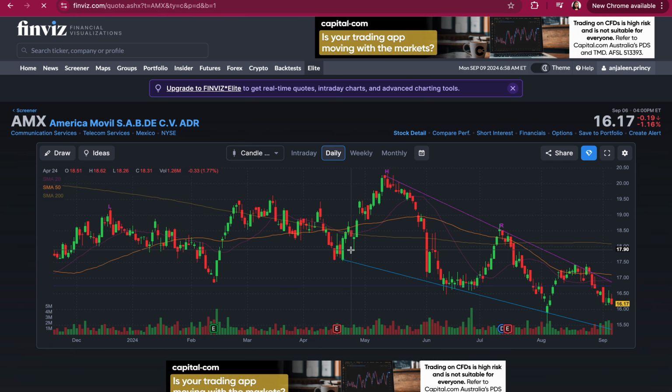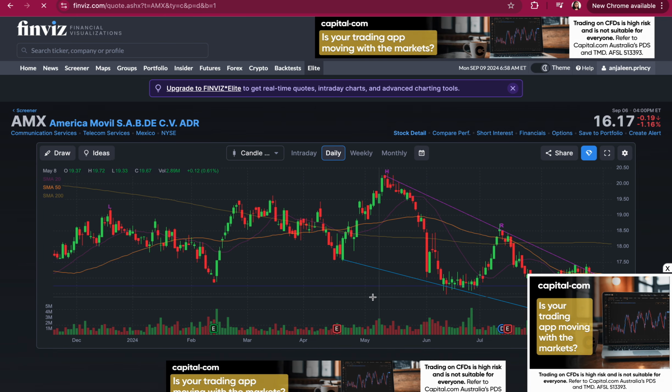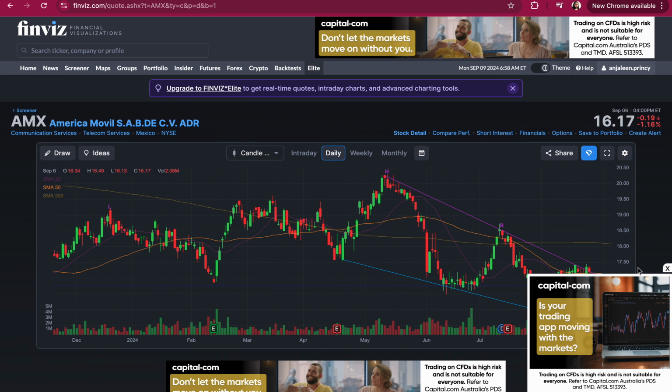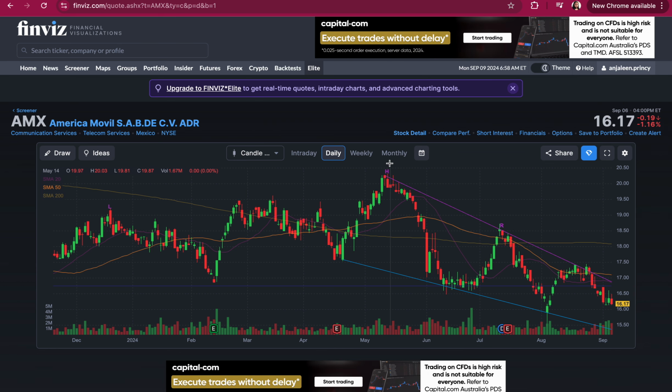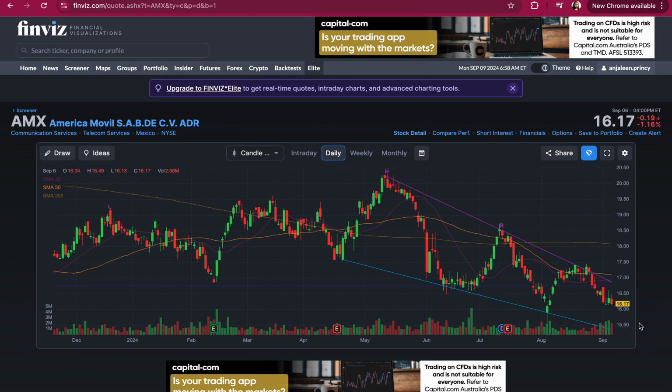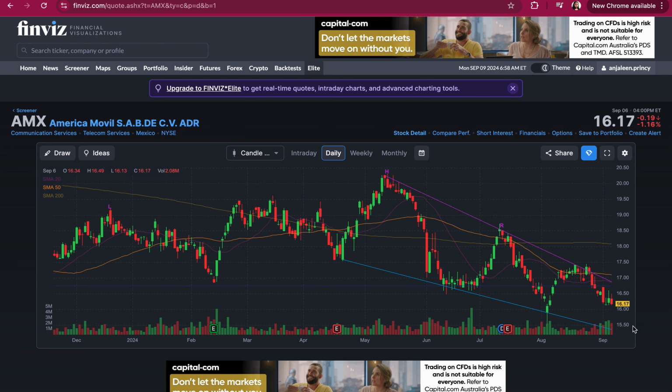Yeah, here there is a clear head and shoulder formation, so there is a left shoulder, a head, and a right shoulder, so it is expected to go down. So I think that's how they use it.